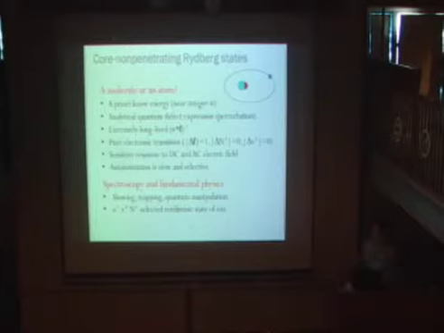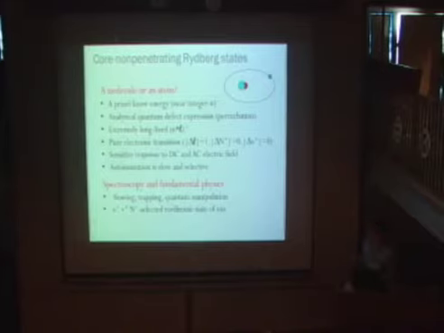If we do the induced transitions between the different core non-penetrating Rydberg molecules, we can record a pure electronic spectroscopy with fixed rotation quantum number and vibration quantum number of the ion core. It's very sensitive to the DC and AC electric field, and the attenuation is slow and selective.